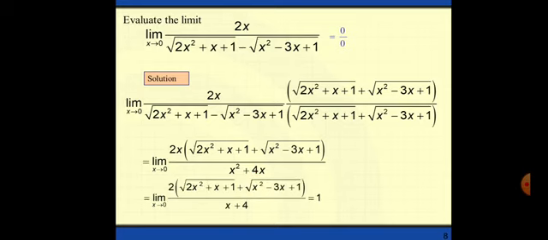We have x as a common factor here, so we can delete this x with the x here. So we have 2 above, and below we have x plus 4. After that, you can substitute x equals 0. After substitution, you will find that the final answer is 1.